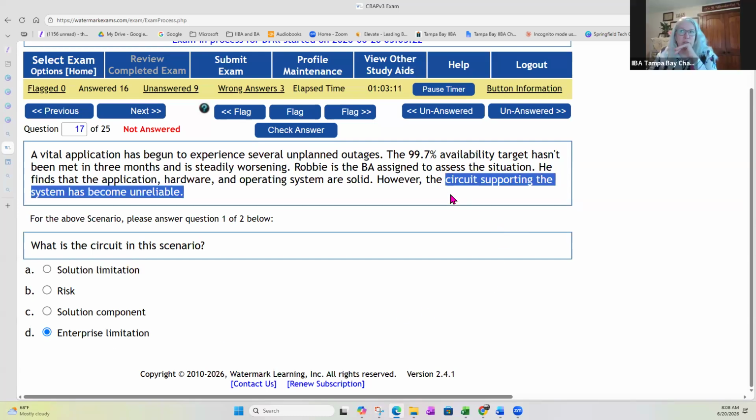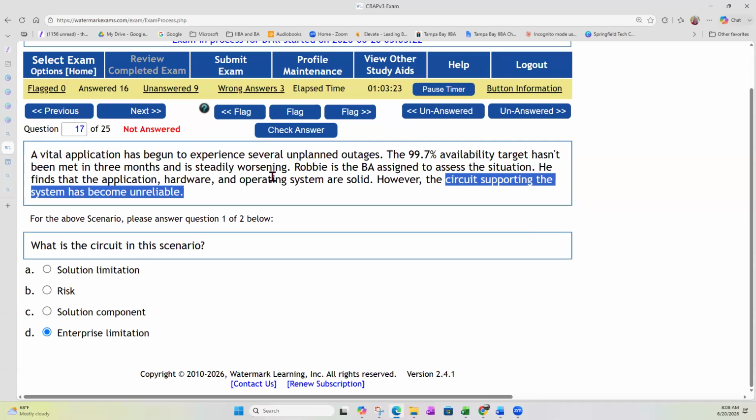The circuit supporting the system. So the application, the hardware, and the operating system are solid. So that makes it either A or C. I would go with A. And Gabrielle? I would say it could be a solution component.